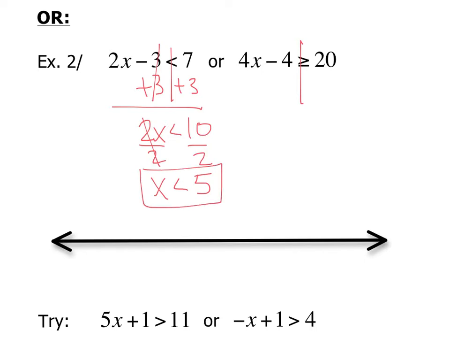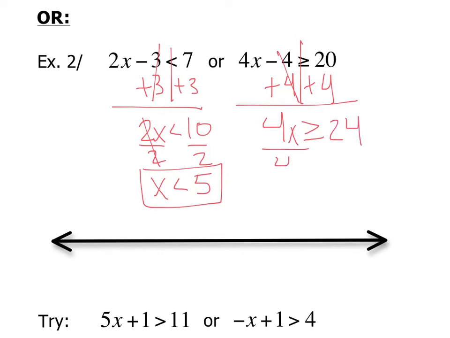Now when I go to do the other one, what do I do? Add 4. Add 4. So 4x is greater than or equal to 24. Then what? Divide by 4. X is greater than or equal to 6. So there's both of my solutions.